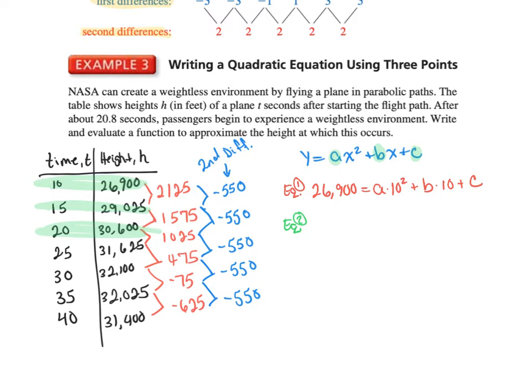The second point we're going to use has y value 29,025. So 29,025 equals, we do not know a, and then the x value is 15, so times 15 squared, plus b times 15, there's your x value, and we do not know c. Let's do the third equation.